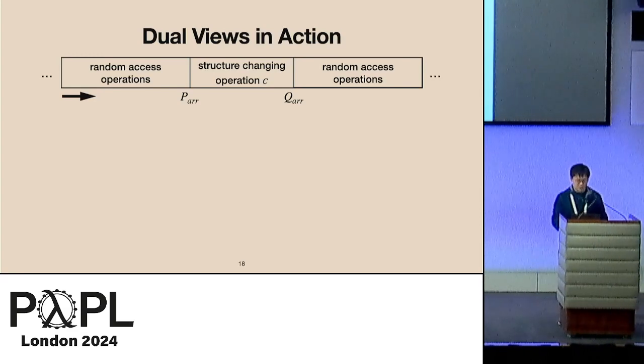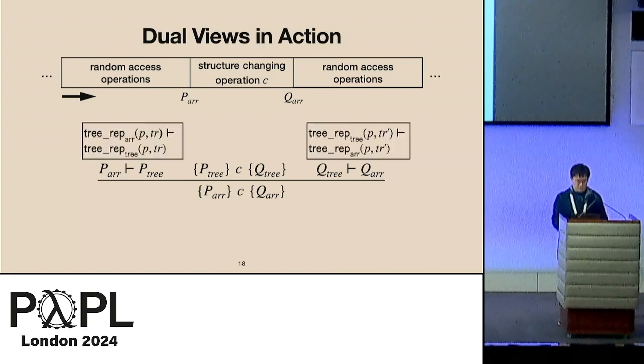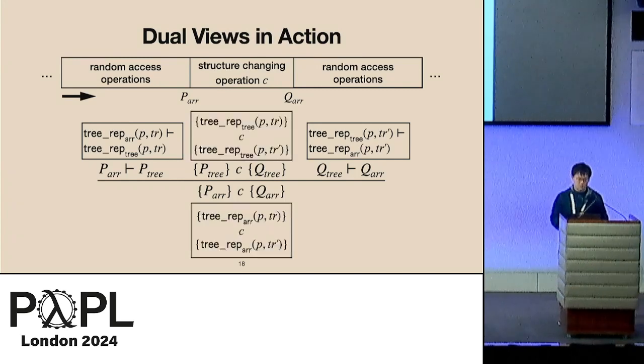To facilitate reasoning about random access operations, the pre and post conditions of C will be expressed by the array view. And on the other hand, we want to use the tree view to reason about C. To this end, we apply the rule of consequence of separation logic. We switch between the two views before and after C, and we use the tree view to reason about C in the middle.